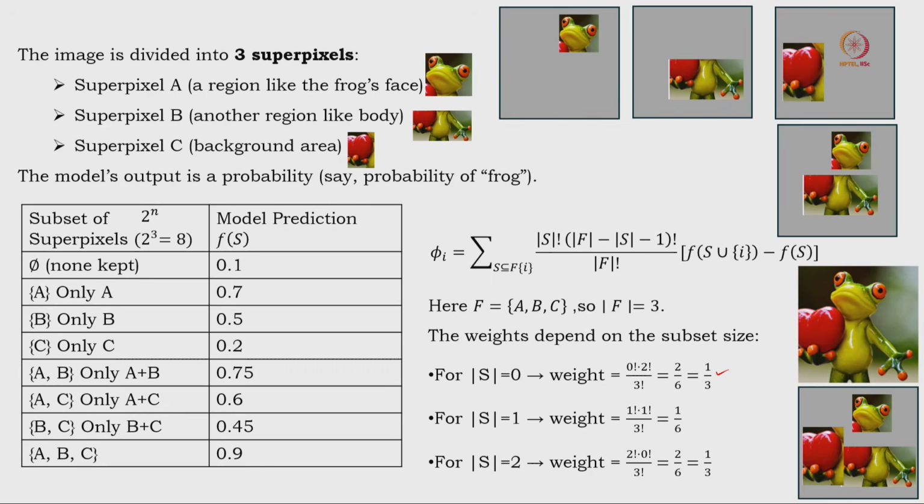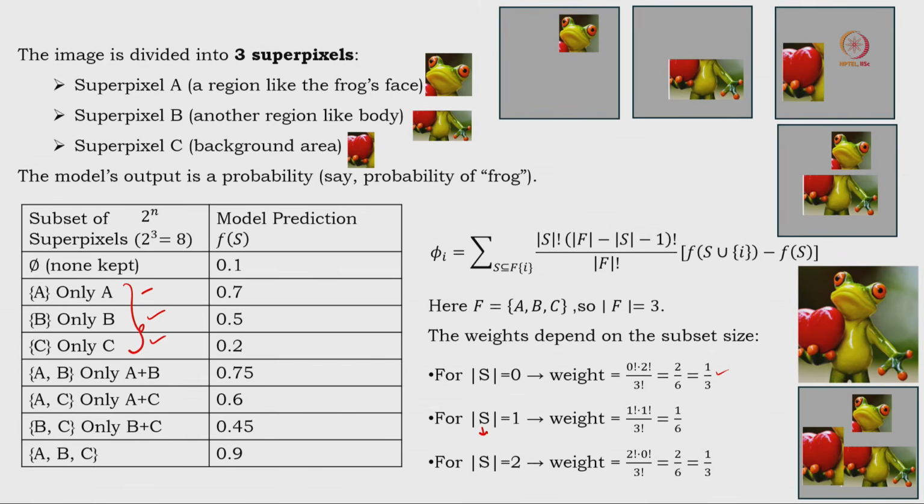In a similar way, we now calculate for cardinality of S equal to 1. What is the meaning of S equal to 1? We know S is a subset, and here subset S contains only one superpixel. Which subsets contain only one superpixel? All of these: there is only one element in each.